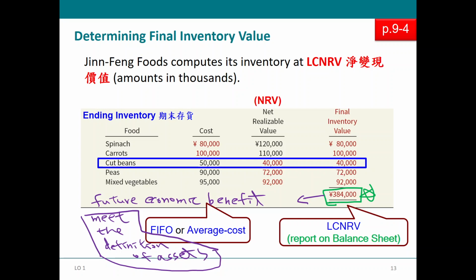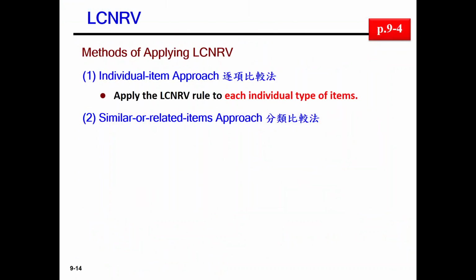So we compare each item. For this, we call it the individual item approach. Individual item approach means based on each item, we look at their cost and NRV and choose the lower one. So this is the individual item approach, 逐项比较法.